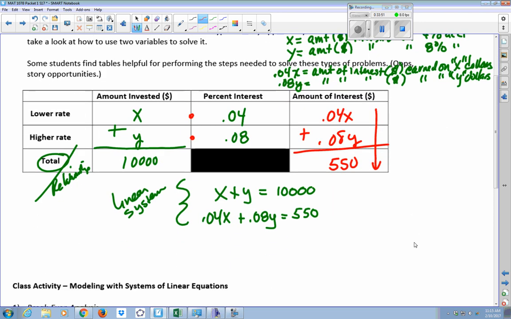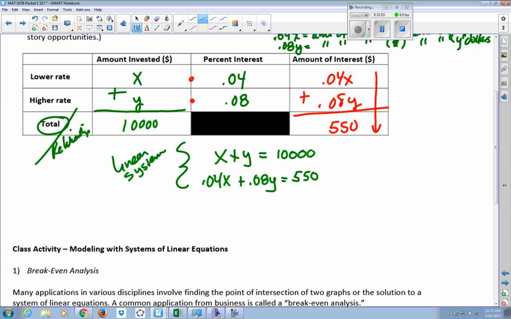And from here, you solve the equation by using either substitution or elimination. So I'm just curious, how many people would solve this system using elimination or addition by making it so that you get rid of one of the variables? 2, elimination, 3, and the rest of you would do substitution?